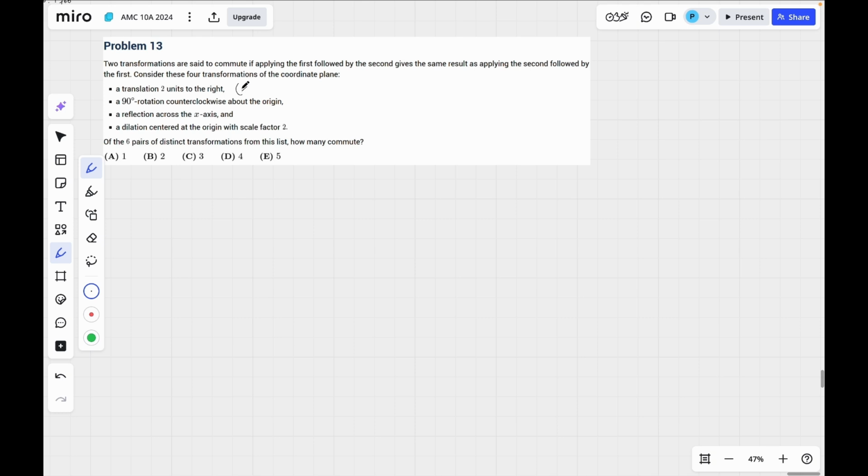So first let's change these transformations into mathematics. So if we start with a point x comma y, this will go to x plus 2 comma y. And now we'll do the same thing for all of them.